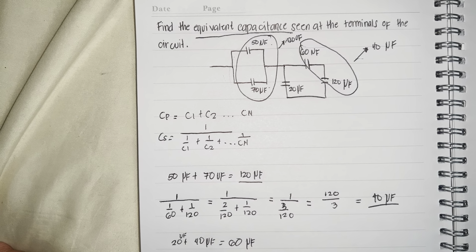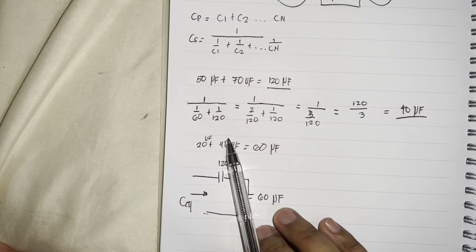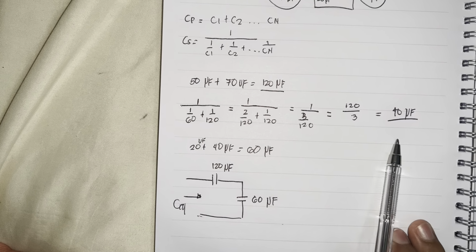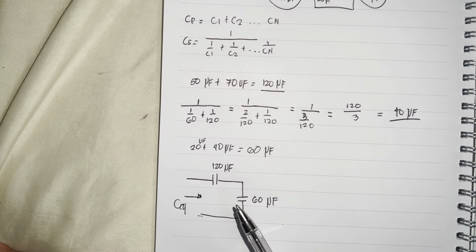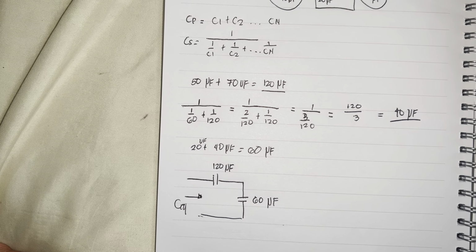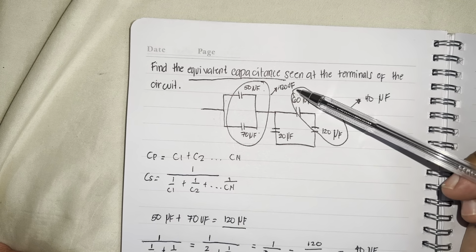Now we will solve this. Oh, say, let me go back since wala nakita sa video. The circuit will look like this since it is a parallel. 120 ni siya.